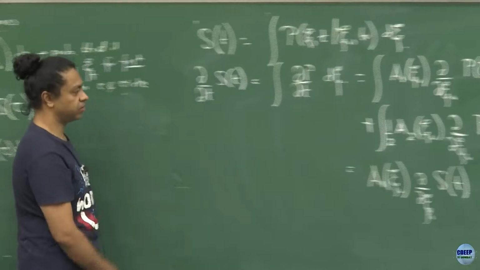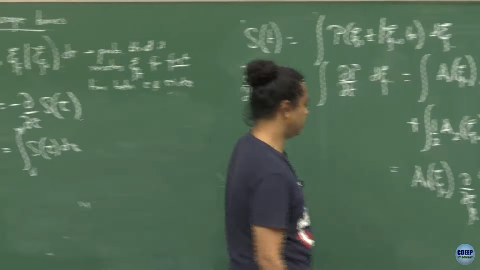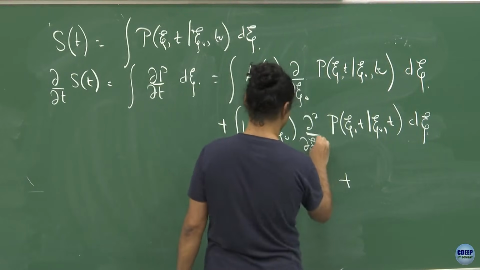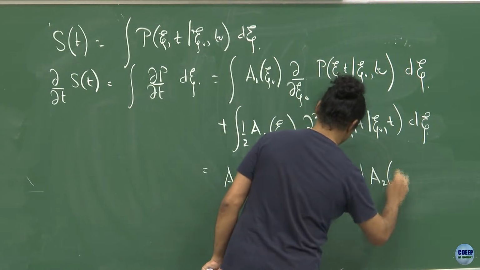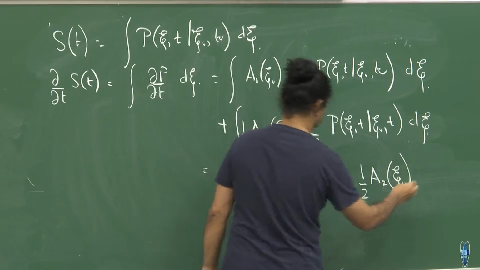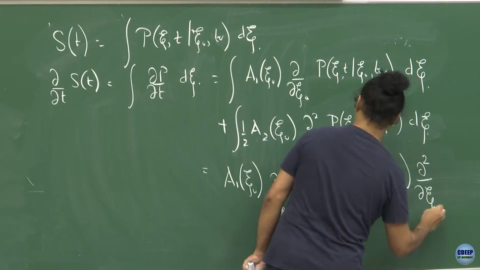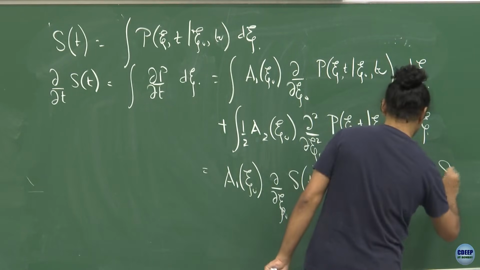Similarly, half a2 of xi naught del 2 del xi naught 2 of s of t, a second derivative. Again, I have suppressed the other indices.